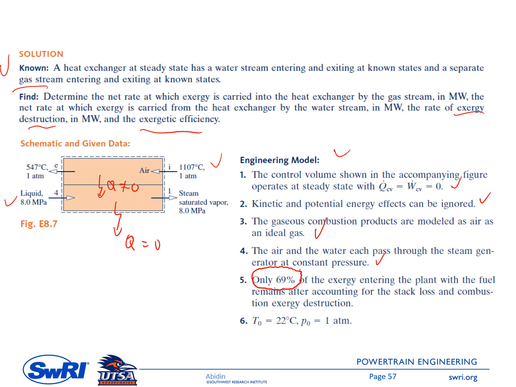Okay, so it means about 31% of the exergy is lost, either going to the environment through the stack or because of the exergy destruction inside the combustion process. And assumption number 6 here is that T0 and P0 are 22 degrees C and 1 atmosphere respectively.